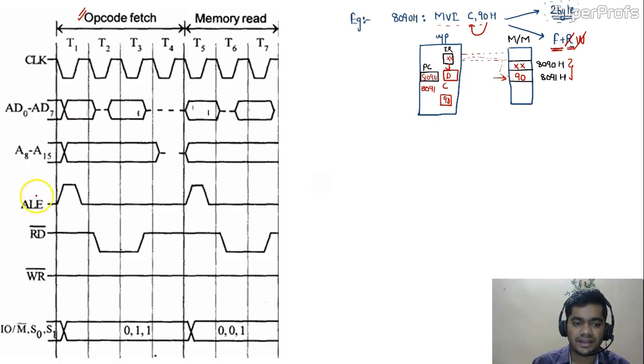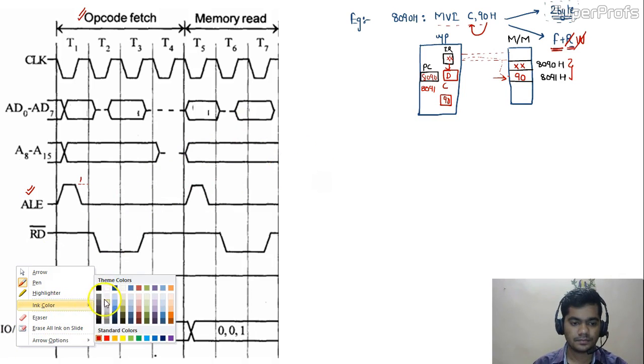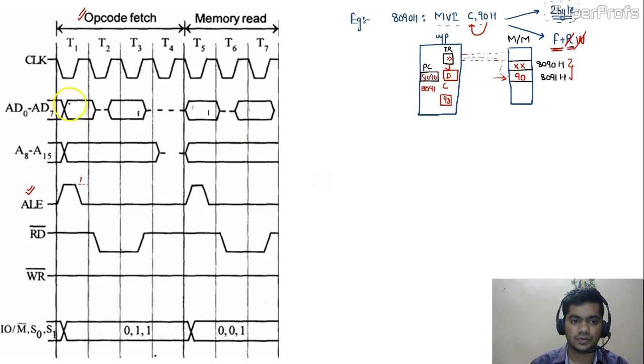When the ALE signal is logic high, that is ALE equals 1, all the lines, that is the address lines AD0 to AD7 and A8 to A15, work as address lines.